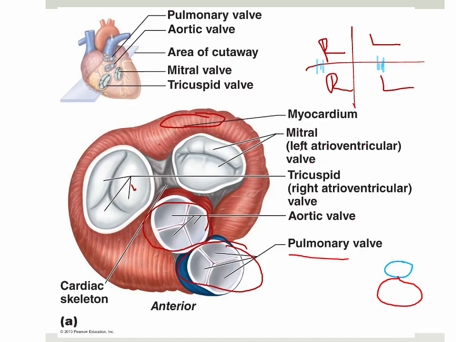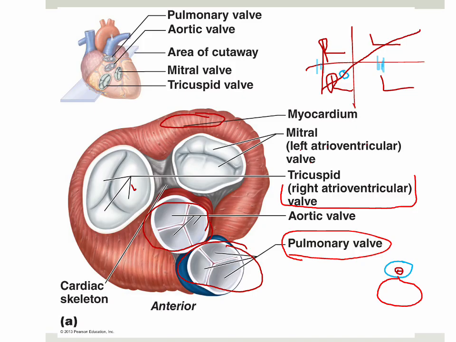We have a pulmonary valve that is going to go to the pulmonary circulation from the right side. So this valve is present in the area where blood is going to come from the right atrium, right ventricle, and then to the pulmonary valve, all the way to the lungs, right?